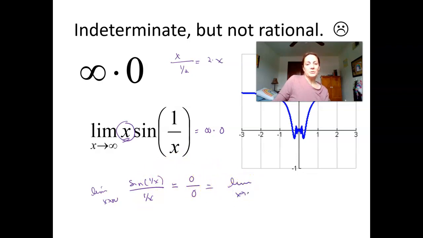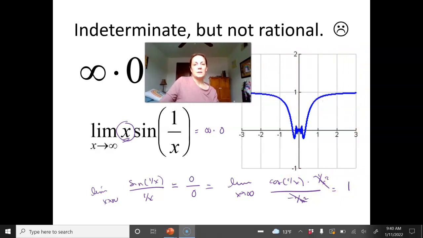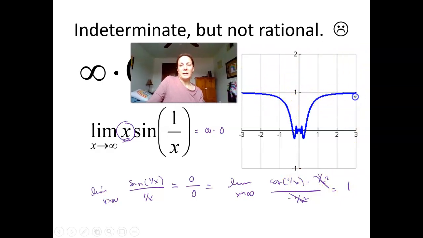The limit as x approaches infinity of the derivative of sine of 1 over x, chain rule, and then in the denominator, you get that, and boom, those cancel, and all you end up evaluating is the cosine of 1 over x, which is the cosine of 0, which is 1. And you can see in your graph here that as you go to infinity, you've got an asymptote at 1.